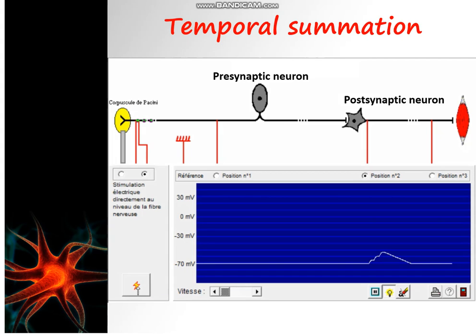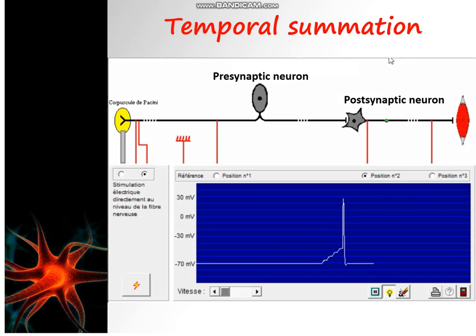And in the last case, we apply 4 stimulations separated by a short time interval. So the 4 EPSP sum up.